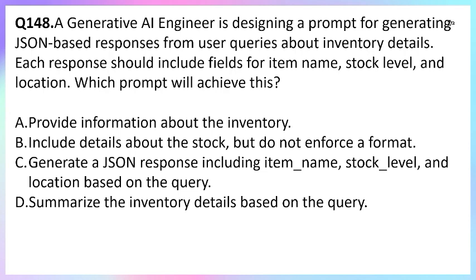Option D, summarization. As we know from questions 1 to 47, if we provide the JSON format with the detail, it is more understandable for the model and the model can respond properly, like item name, stock level, as well as where the location is. Right. So the correct answer is option C.